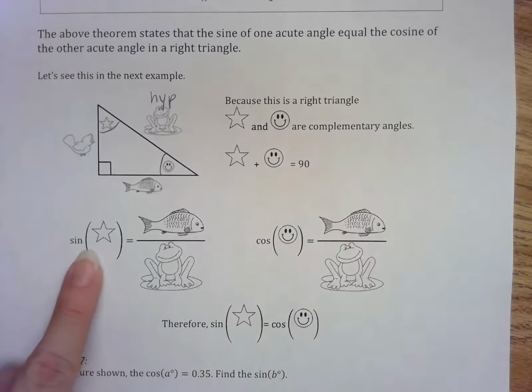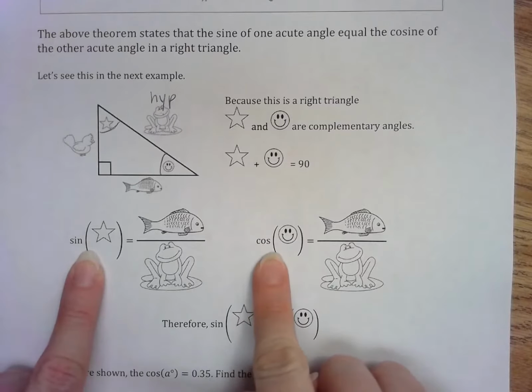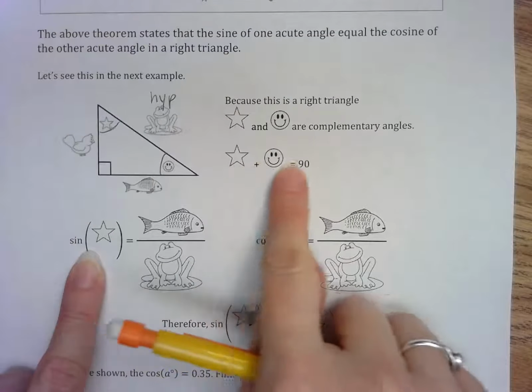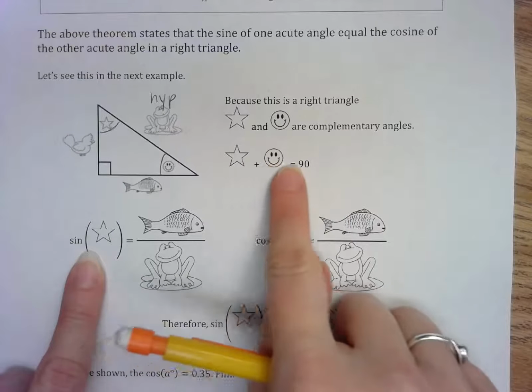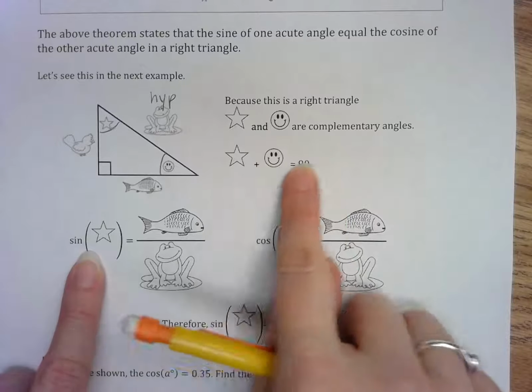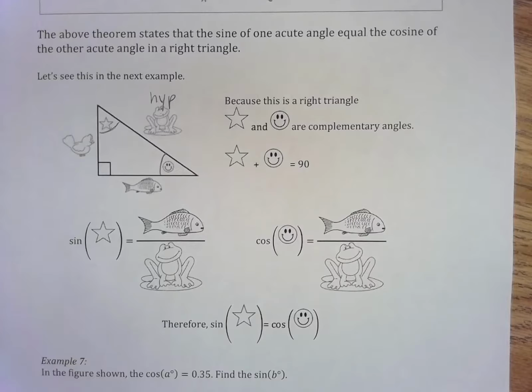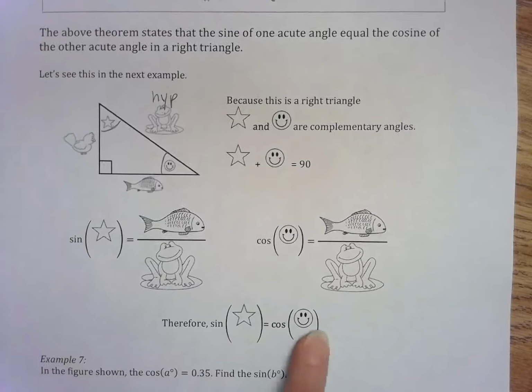So sine of one angle equals cosine of the other angle when those angles are complementary in our right triangle, meaning they are the two acute angles of the right triangle. So that just means that they are equal.